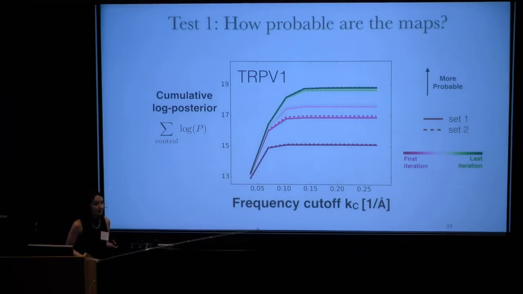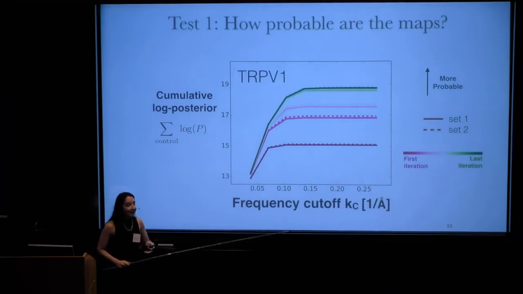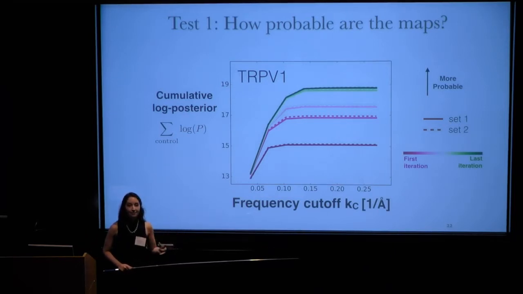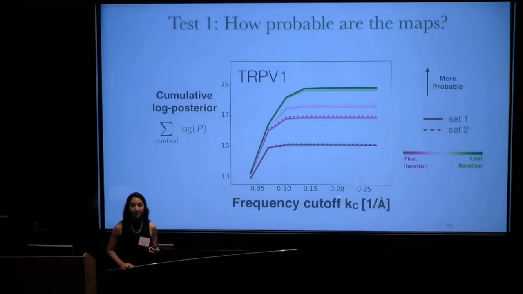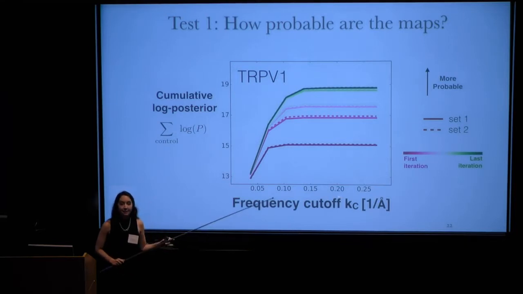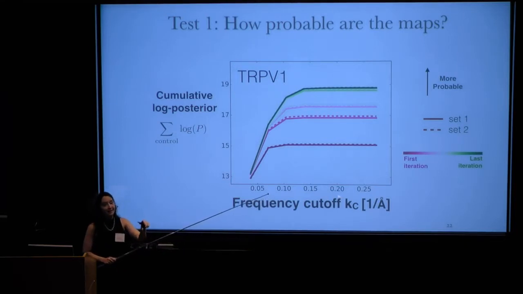So one would expect that as I refine my map more, as I make my map better in the refinement process, the information from the control set gives you an indication that you're doing a good job, that your refinement is indeed making your map better. And this is completely unbiased because the particles in this set are not used for the refinement.